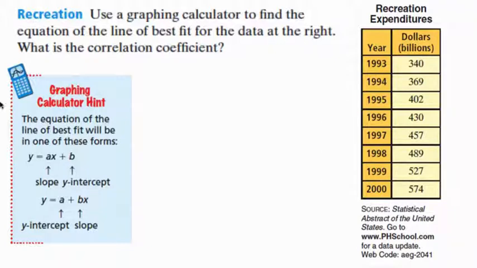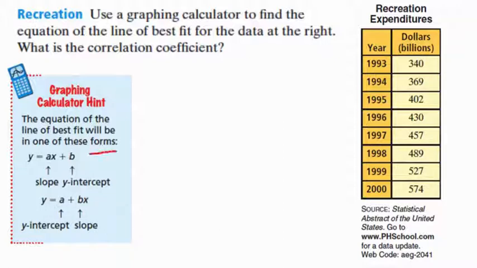Now, the equation, if you're looking at your graphing calculator, this is important to know. The equation of the line of best fit will be one of these forms. And this is true in either calculator that you're using. It's going to either be y equals ax plus b, where a is the slope and b is the y-intercept, or sometimes they write it backwards, y equals a plus bx.